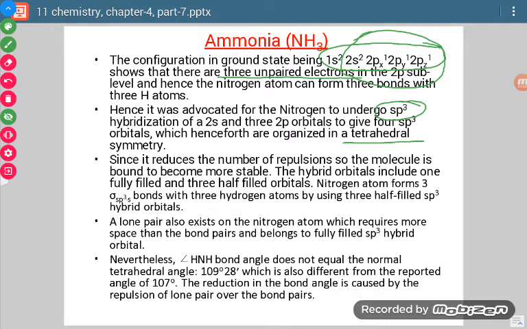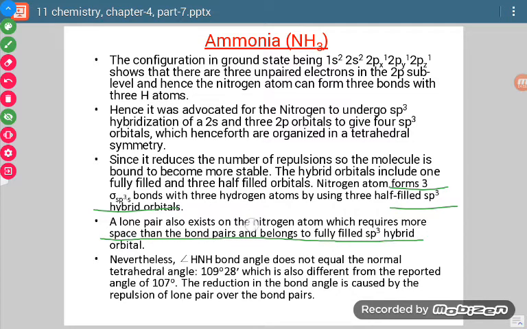There will be 4 hybridized orbitals, and one orbital will contain the lone pair. Okay, and the 3 orbitals which are sp3 hybridized will make 3 bonds with 3 hydrogen atoms. Now this lone pair which exists, what will it do?